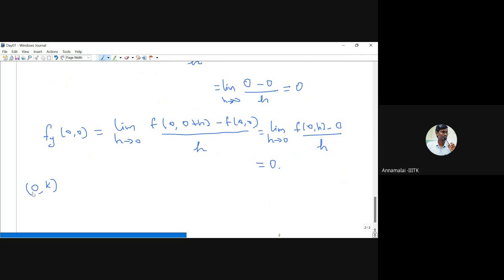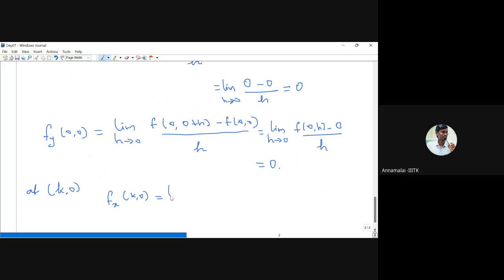So, all possible things. First, maybe we fix some x non-zero, y is 0. At that point we have to check whether the function is differentiable or not. So at some (k, 0), what is the derivative of your function with respect to x at the point (k, 0)?